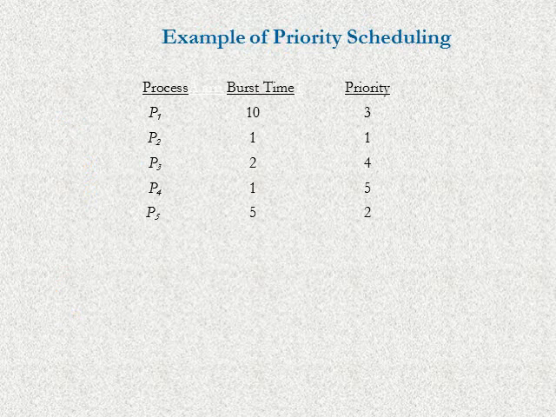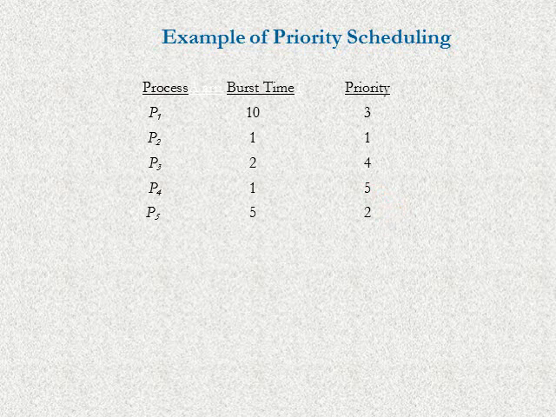So over here we have an example of priority scheduling. This time we have 5 processes having different burst times. However, in this scenario, we are more interested in their priorities. P1 has a priority of 3, P2 has a priority of 1, P3 has a priority of 4, P4 has a priority of 5, and P5 has a priority of 2.